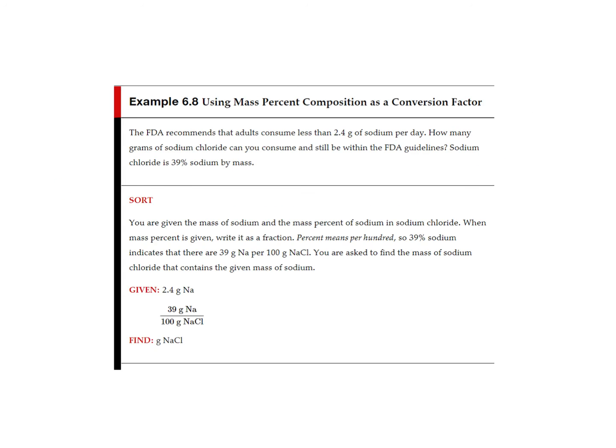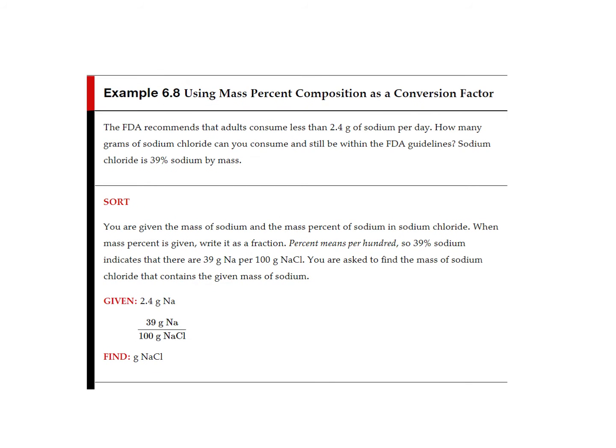And I have an example here, which I just took from your book to be faster instead of solving the problem. So the example says, the FDA recommends that adults consume less than 2.4 grams of sodium per day. What is the chemical symbol or atomic symbol of sodium?